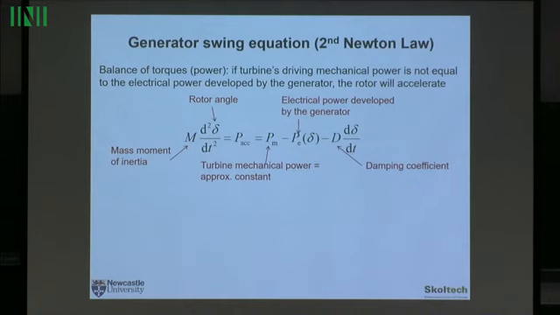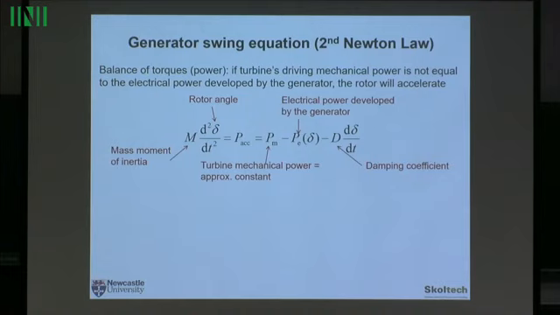In steady state, angles are constant. It means those two derivatives will disappear, and the mechanical power produced by the generator is equal to the electrical power.